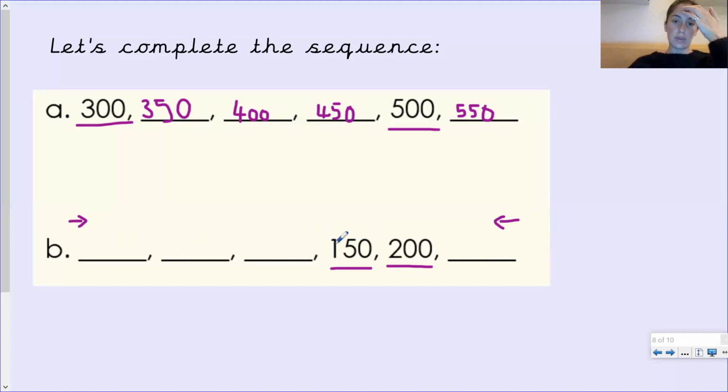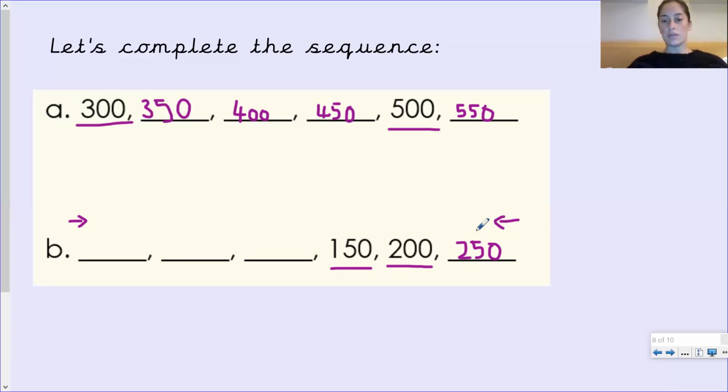So starting with 150, which is the first number we're given, 200, 250. Now I've got these three numbers. I know that my numbers are going down in 50s if I look at it from the right side.